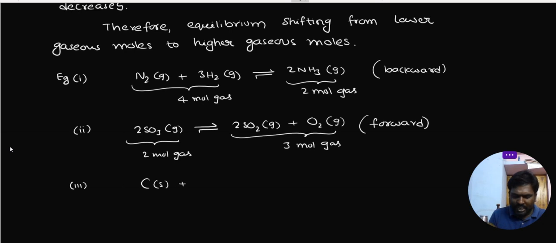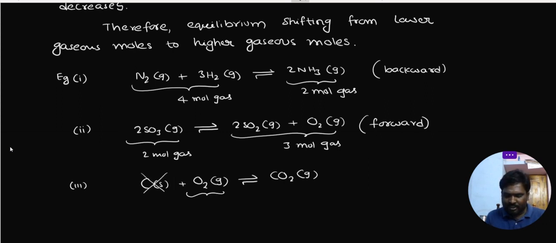Now the third one. Carbon solid plus O2 gas giving rise to CO2 gas. Already I told you solid is unaffected, no need to take. So 1 mole gas here, also 1 mole gas here. When we add some amount of inert gas to the equilibrium system at constant pressure, no effect.